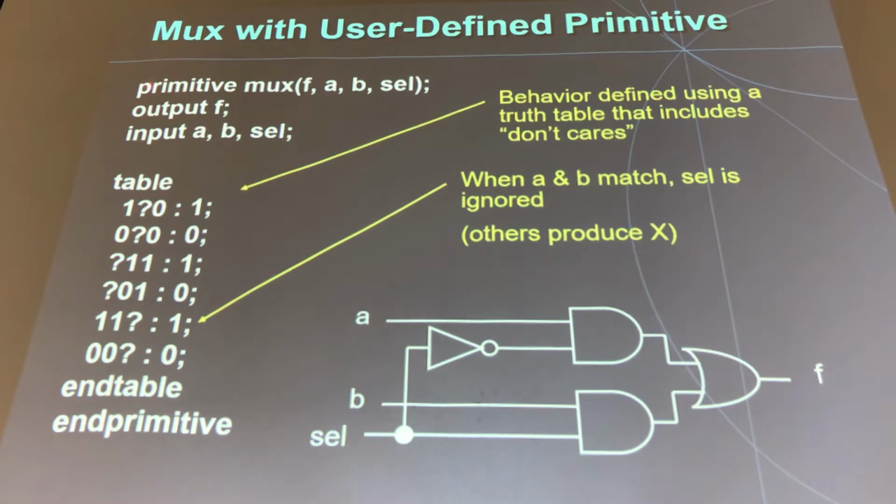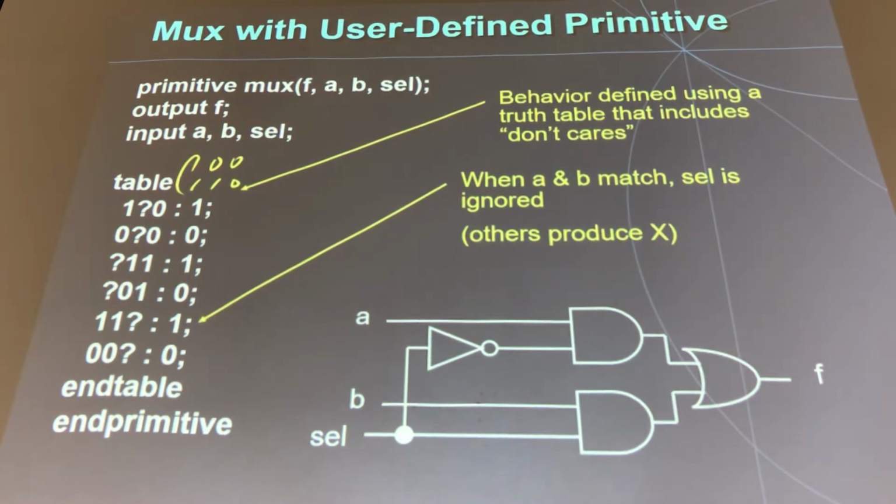So the primitive is actually, again, a module. We use a truth table to describe the input-output relationship. 1 question mark 0 means if your inputs A, B, cell, in order, fit the pattern 1 question mark 0, so 1, 0, 0 or 1, 1, 0, then you get 1 as the output.